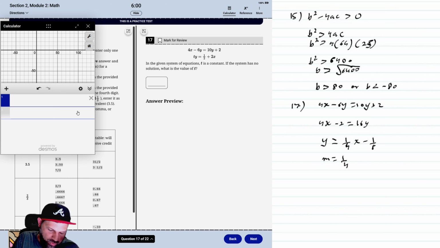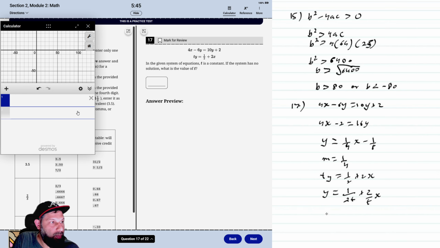Okay, so that means ty is going to be equal to 1/2 plus 2x, and we divide t on both sides, so y equals 1 over 2t plus 2 over t x. And so 2 over t is going to be the same as 1 over 4, and so t is going to be equal to 2 times 4, which is going to be 8.